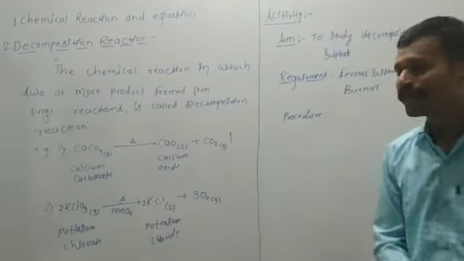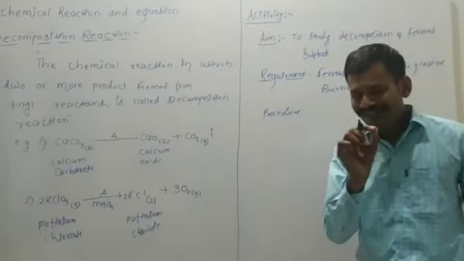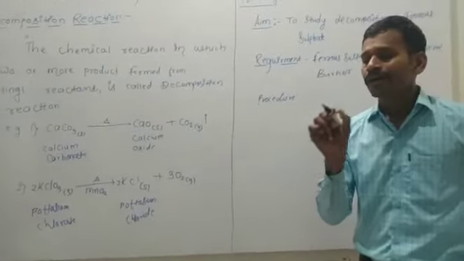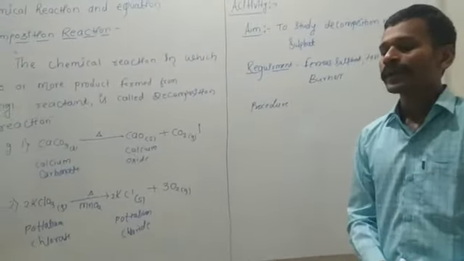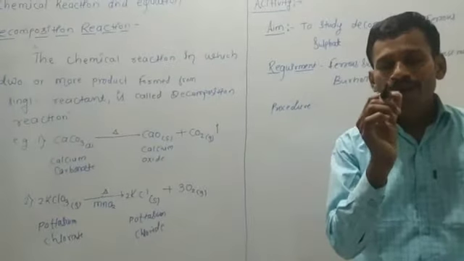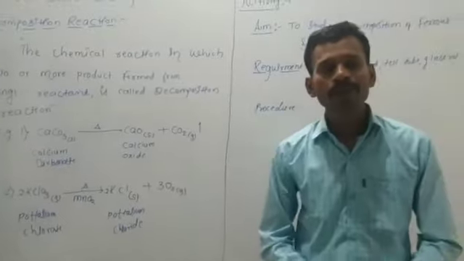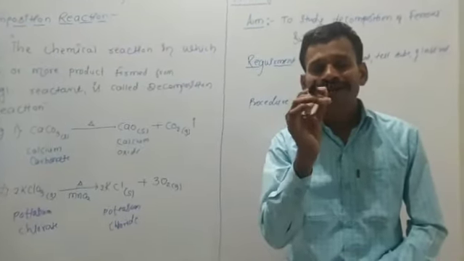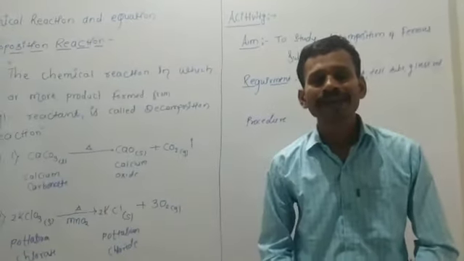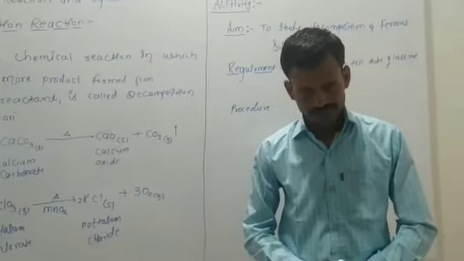Now we will apply them in the procedure. Take about 2 gram of ferrous sulfate crystal in a dry boiling test tube. How much ferrous sulfate do we have to take? 2 gram in a dry test tube.